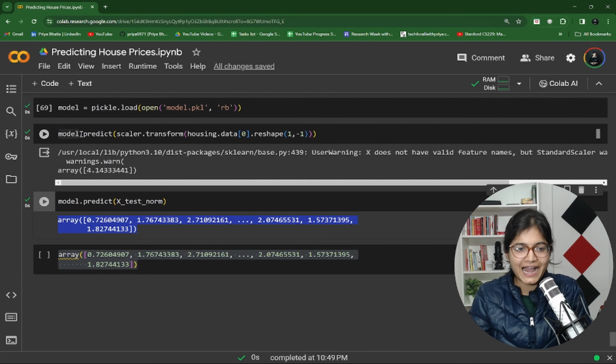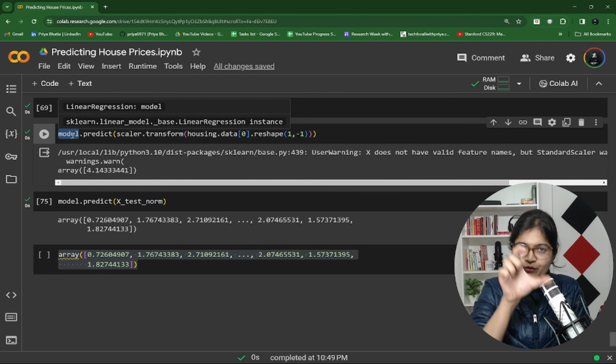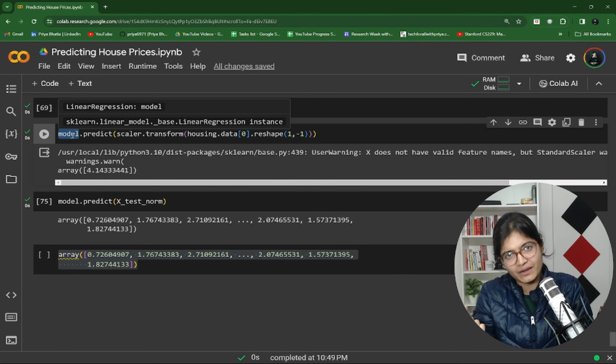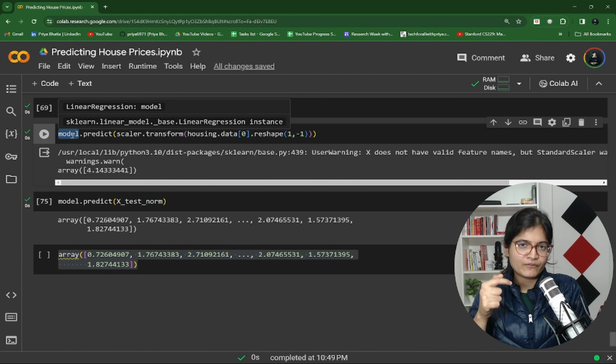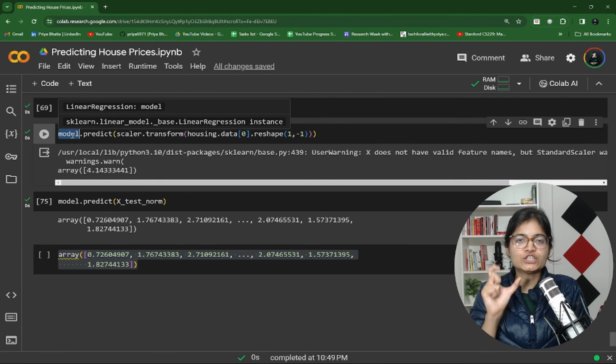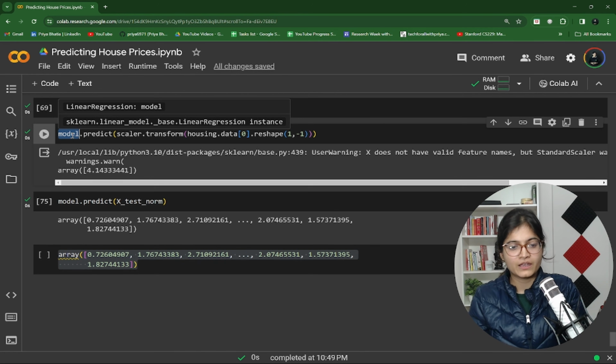It's just that I have saved those values somewhere, in some file itself, and directly I'm using that without doing the training part. So each and every time, whenever you load this pickle file, you will be able to get similar output, I would say, because the coefficients are same, the intercept is same, right?